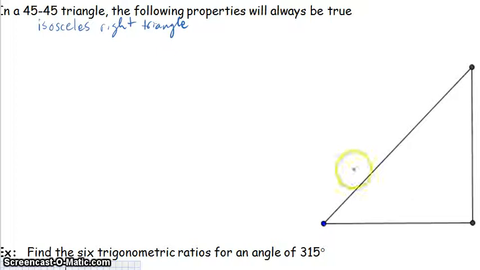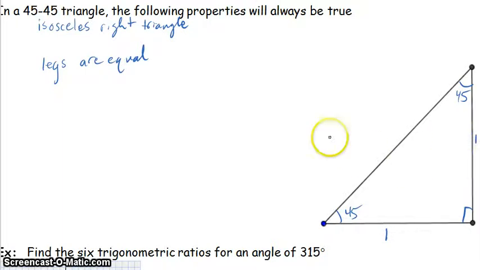In an isosceles right triangle, we know that these two angles are equal to each other, so they have to be 45. We also know that the legs are equal. Whatever they are, it could be 1, it could be 2. I'm going to make it 1 for the sake of being easy to deal with.